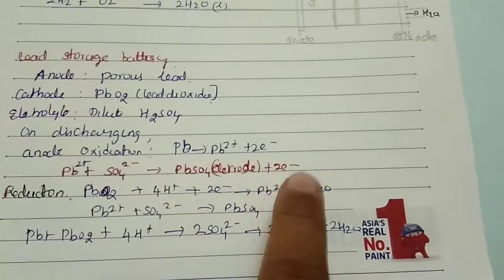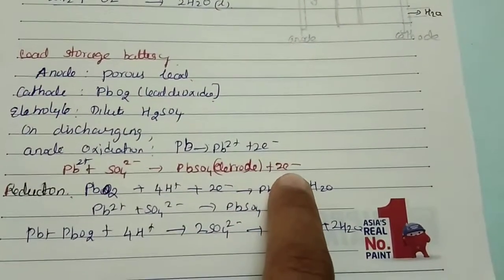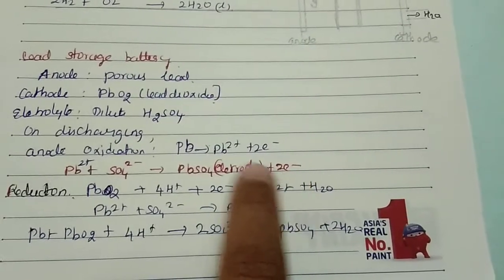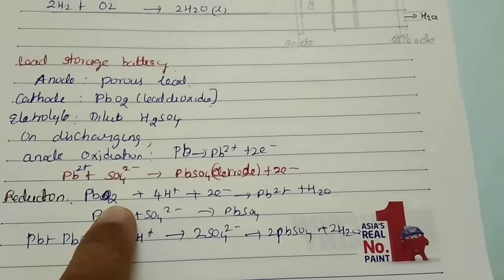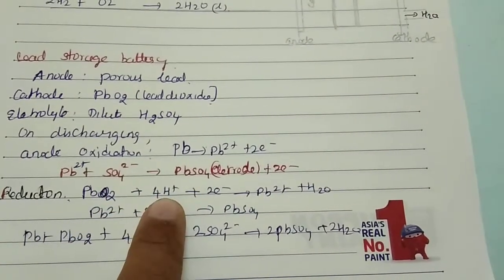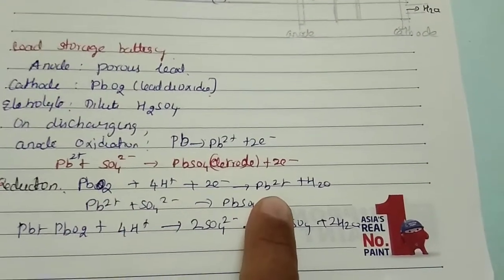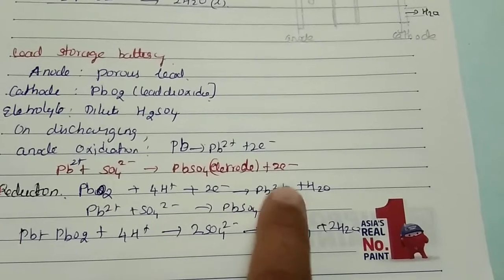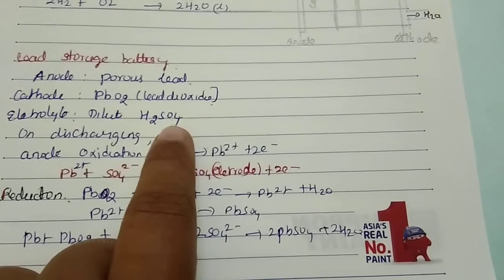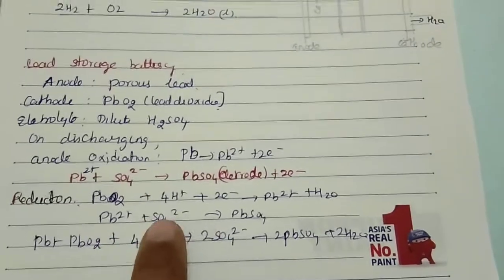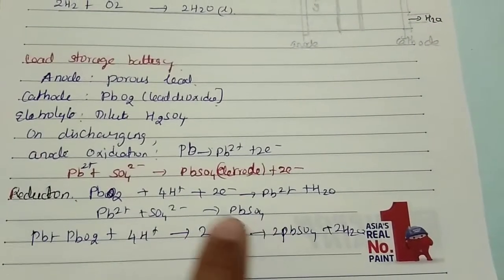On reduction, the 2 electrons released from the anode pass through the circuit and reach the cathode, and PbO2 plus 4H+ plus 2 electrons gives Pb2+ plus 2H2O. The Pb2+ ion which we get from the reduction also reacts with SO4 2- ion and we get PbSO4.